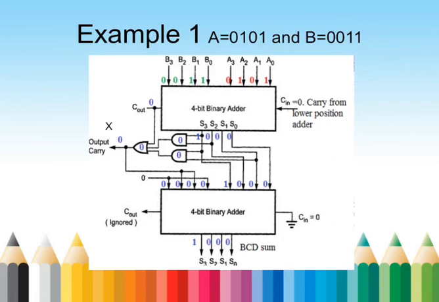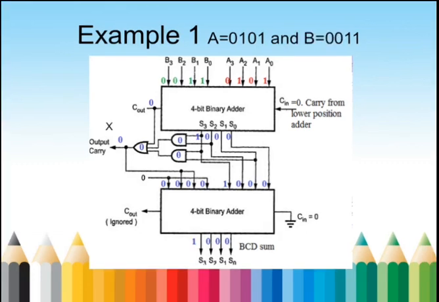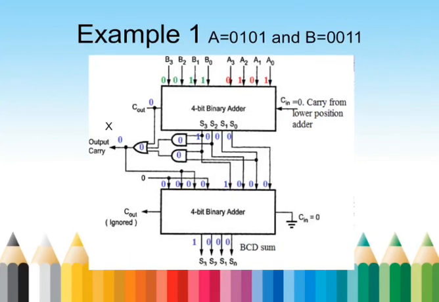The same can be expressed with the help of this BCD adder. A, 0101, is represented in red color and B, 0011, in green color. The sum and other outputs are represented in blue color.